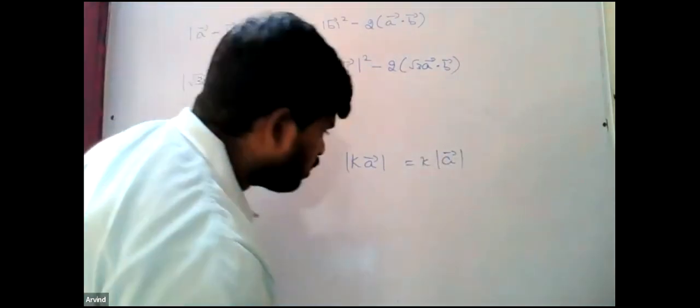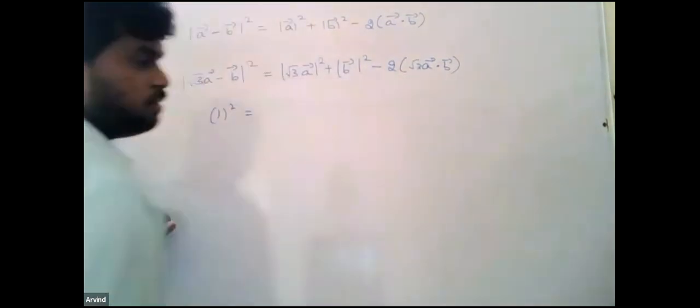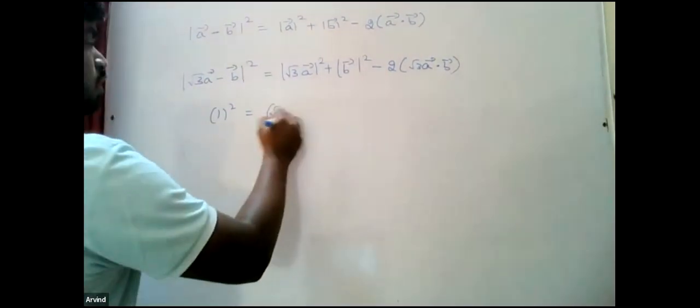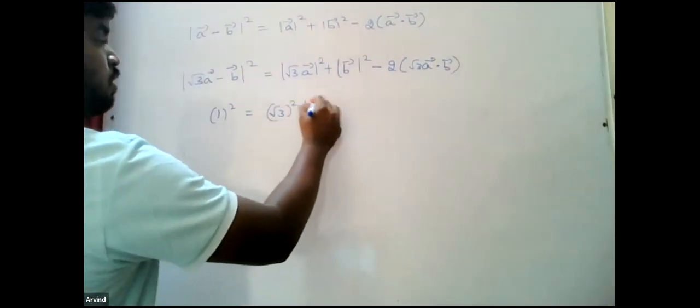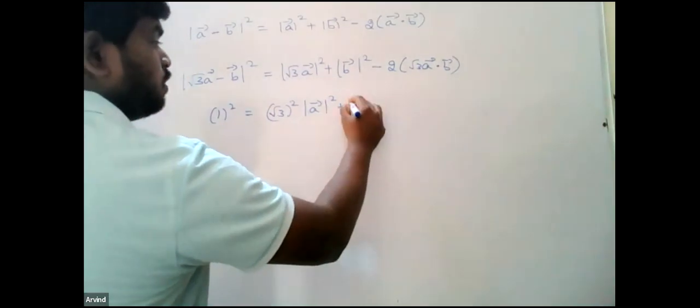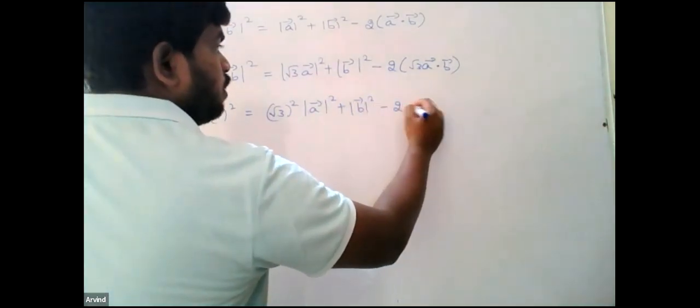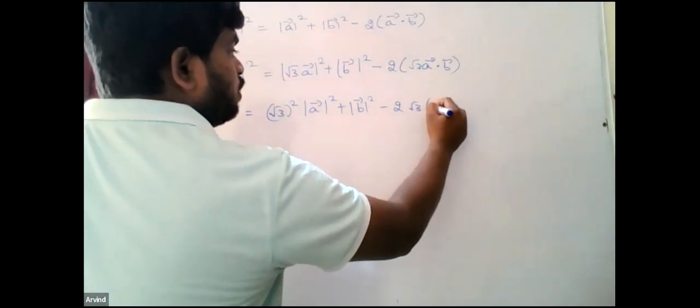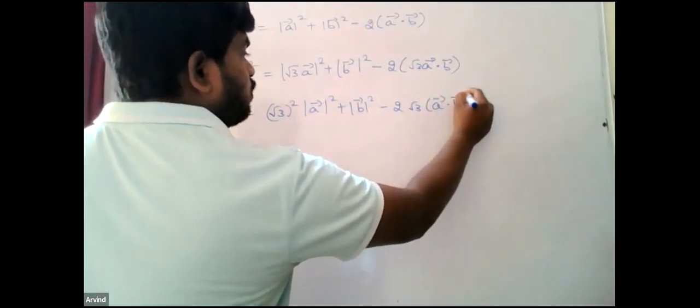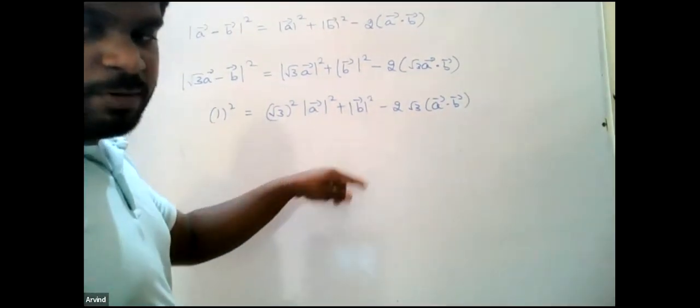So using that logic, this will become root 3 whole square mod a square plus mod b square minus 2 times root 3, I'll take it out, vector a vector b. Mod a and mod b are unit vectors, they have said.